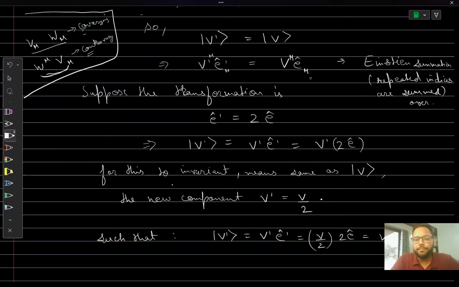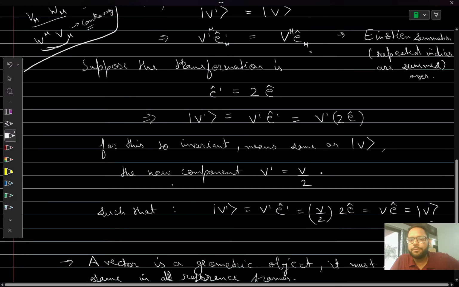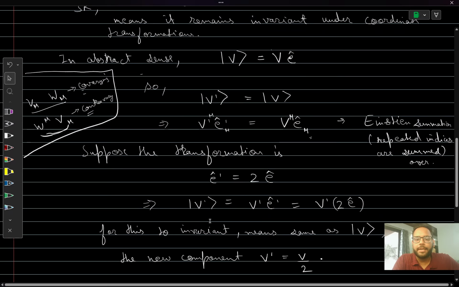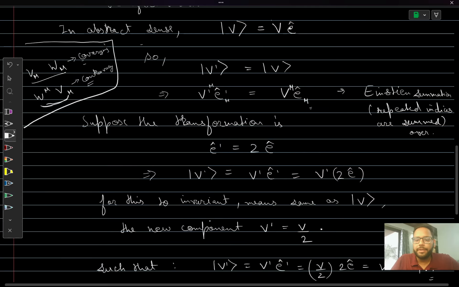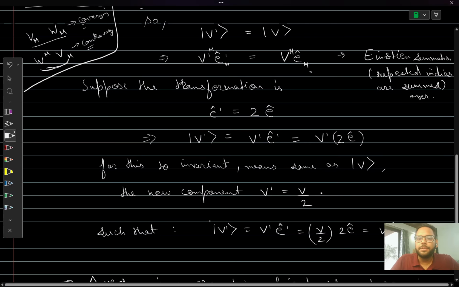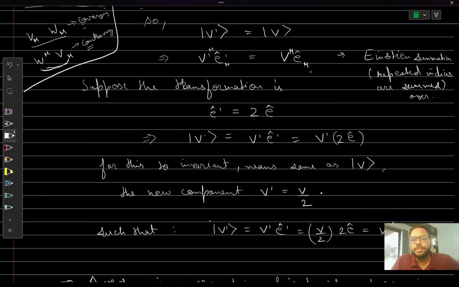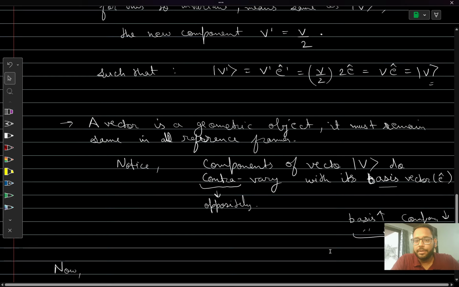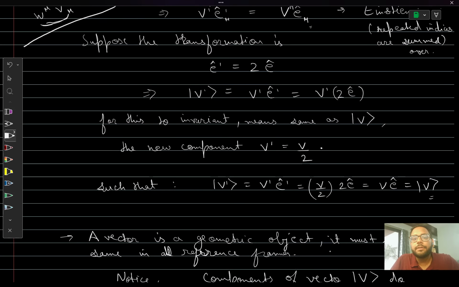Okay, so here we notice that to make this geometrical object, that is our vector, invariant under the transformations, the components and the basis vectors must transform contravariantly, and thus we define this placement of these indices at opposite positions. Okay, so this is a convention, so we can write it everywhere.